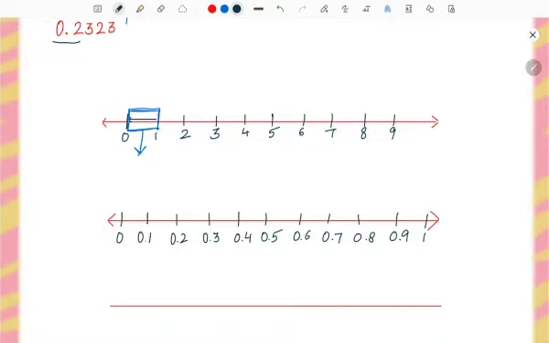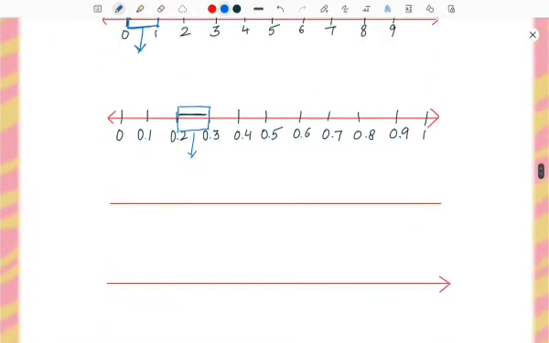Then we have 0.23. 0.23 is greater than 0.2, right? And less than 0.3. So this is going to lie here. Again, what we will do is mark the area which we are going to zoom into in the next number line.